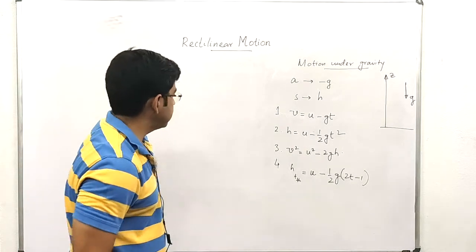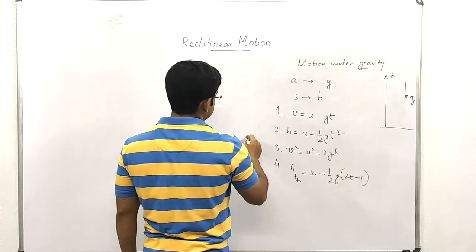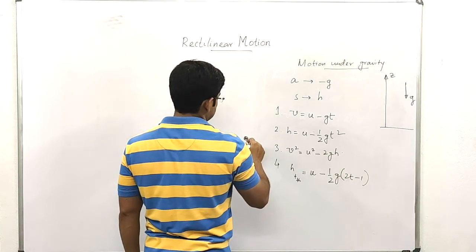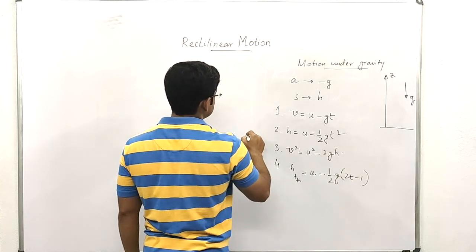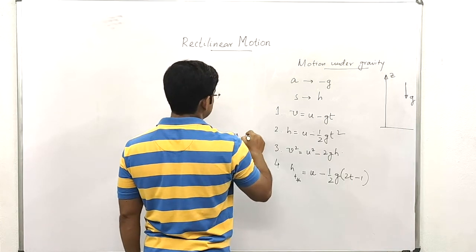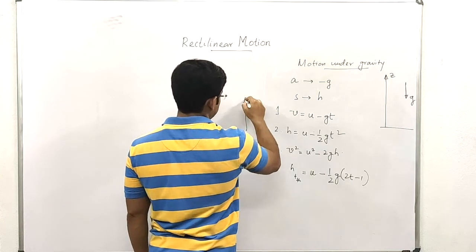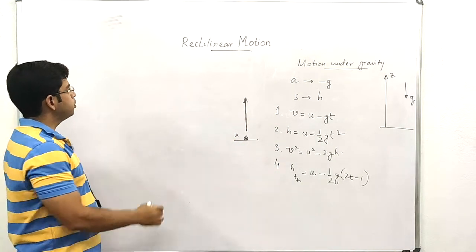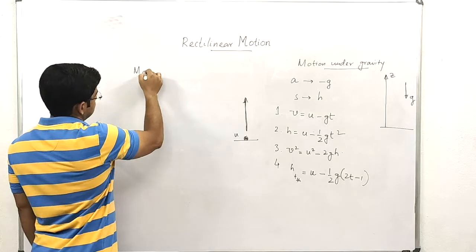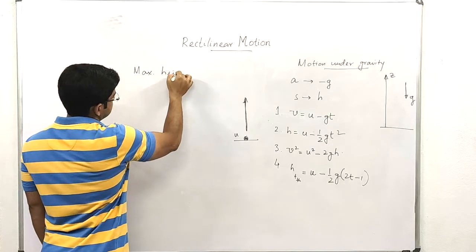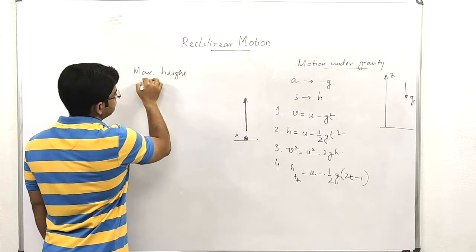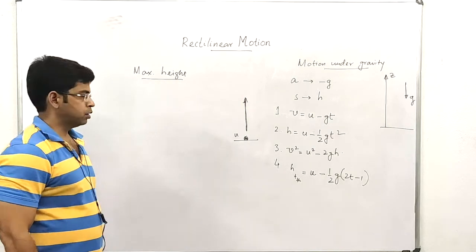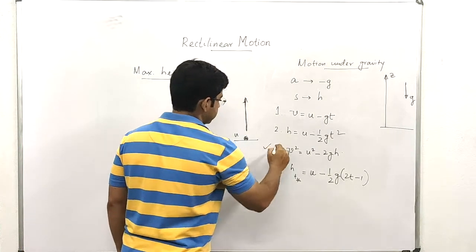Now let us consider that an object is thrown from the ground with initial velocity u along the positive z direction, that means upwards. Then what will be the maximum height attained by the object? So we can use equation number 3.